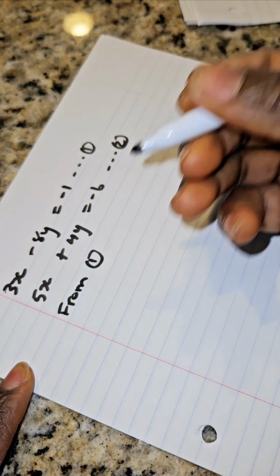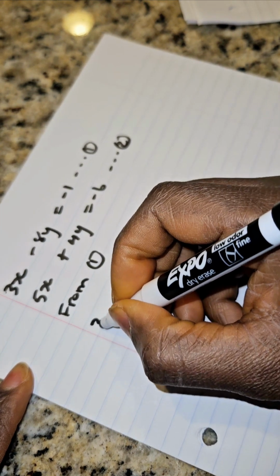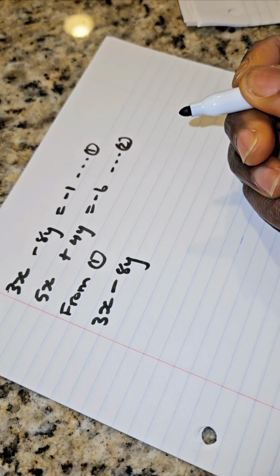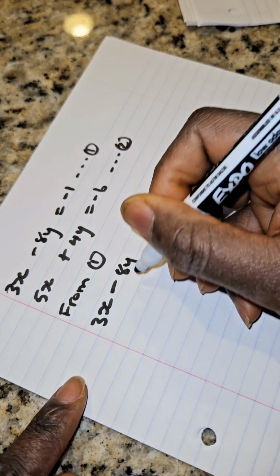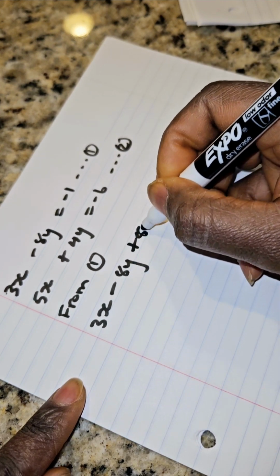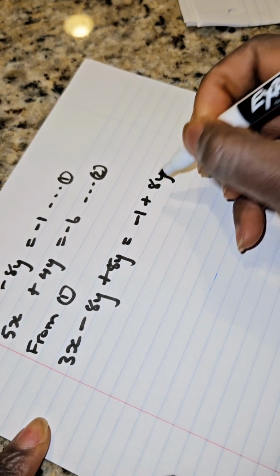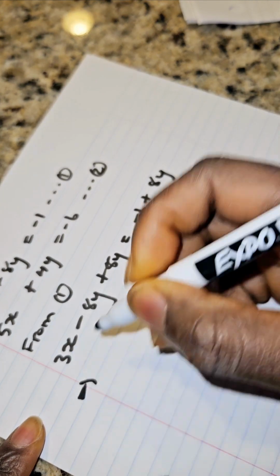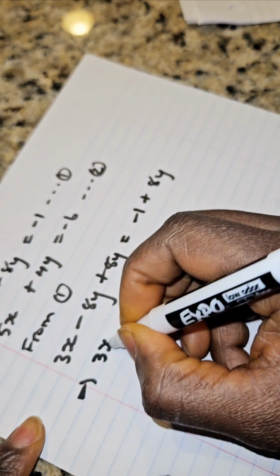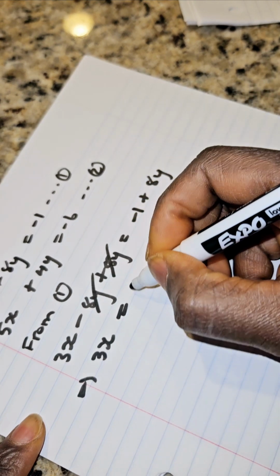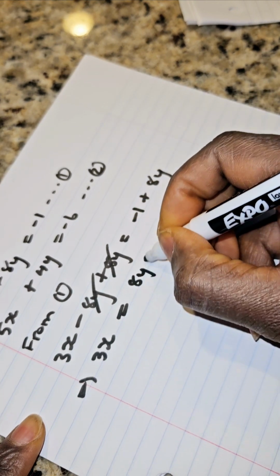if I add 8y to both sides of the equation, I have 3x minus 8y plus 8y equals minus 1 plus 8y. Remember, I'm adding 8y because I want to do away with 8y on this side. This implies 3x equals 8y minus 1.